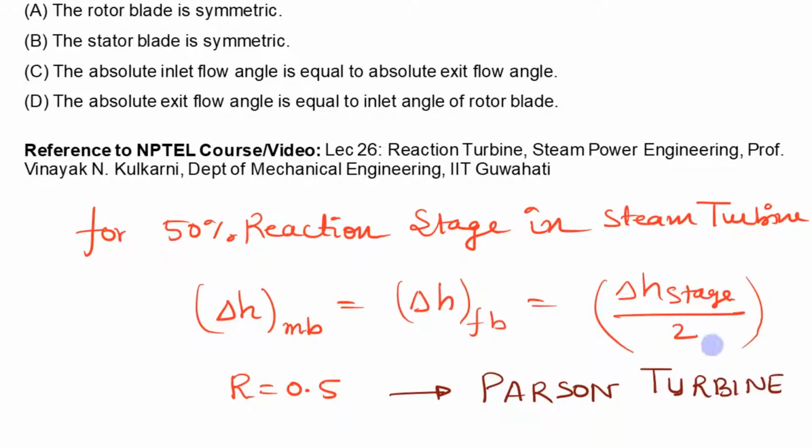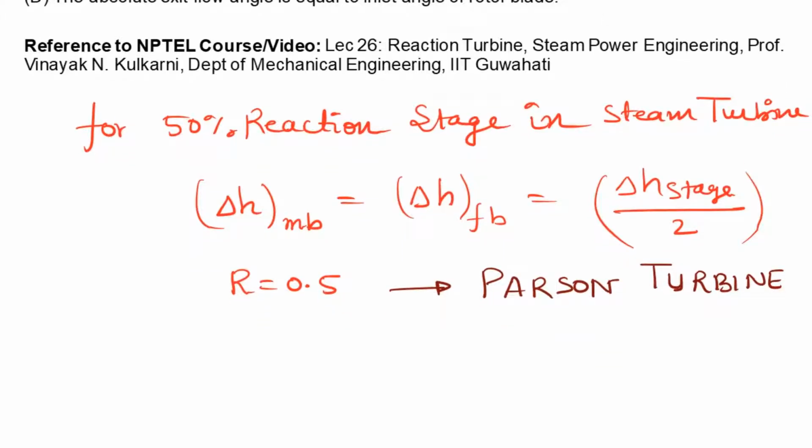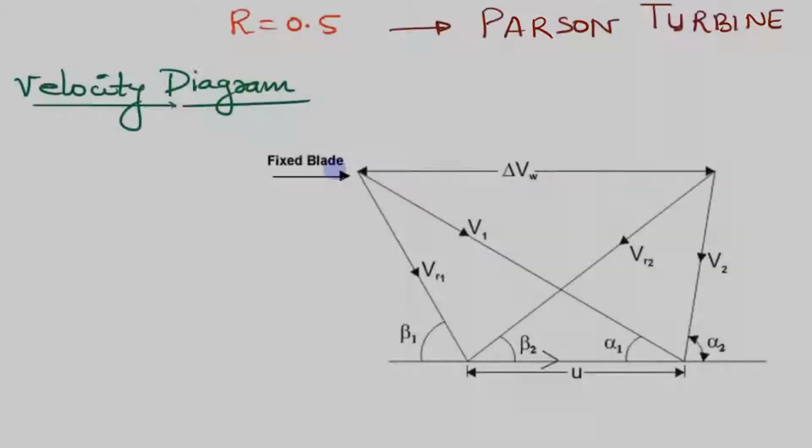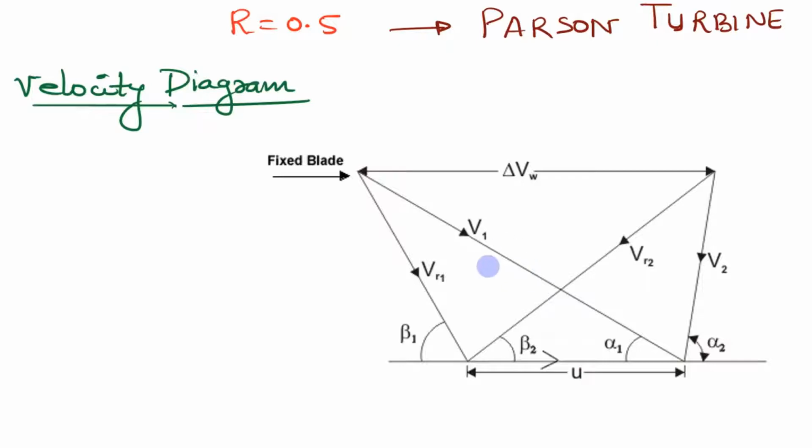Okay. Now let's see the velocity triangle of this Parsons turbine. So this is the velocity diagram of a Parsons turbine. From the fixed blade, when the flow enters the rotor blade, this V1 is called the absolute velocity of inlet.